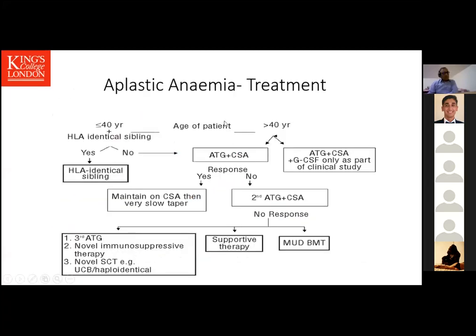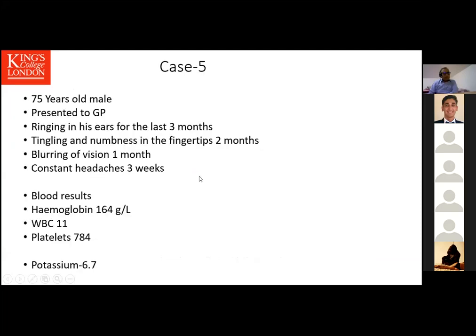And this is the scheme of things for aplastic anemia treatment. If you have got someone who is younger than 40, and if you have got a donor, you should not waste time and transplant this patient. If you don't have a donor, then try the anti-immune therapy or immune suppression like antithymocyte globulin or cyclosporin, and then maintain them on ATG and CSA if there's a response.